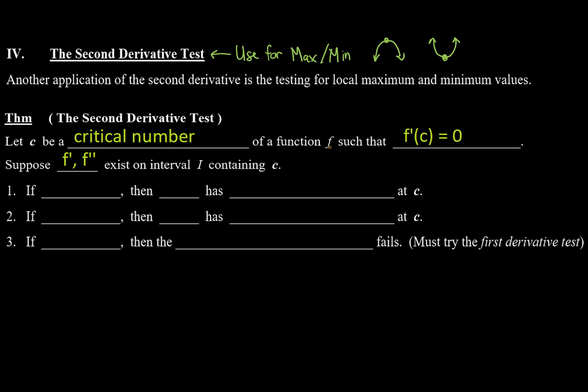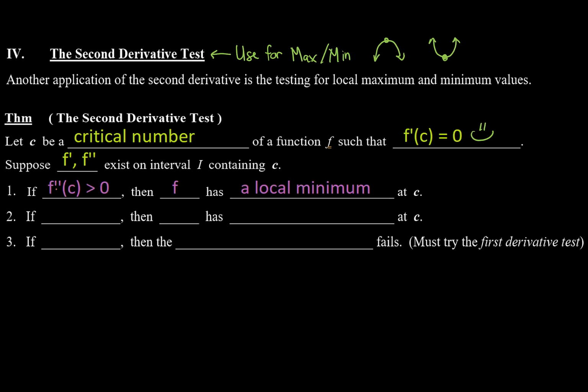Okay, so let's let C be the critical number of a function f, all right? And this critical number is found by finding the critical numbers of the first derivative only. Next, let's suppose that f prime and f double prime exist on the interval I containing C. In other words, we can find both of those derivatives, and those derivatives exist.